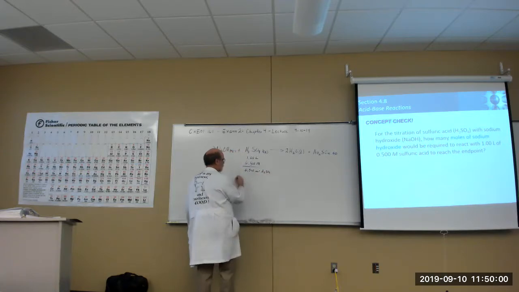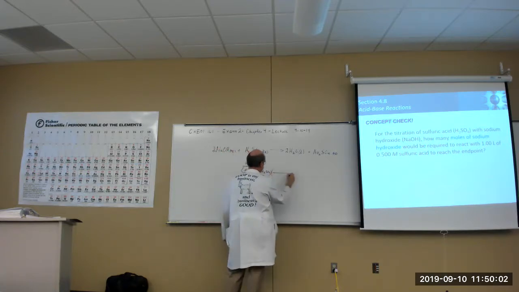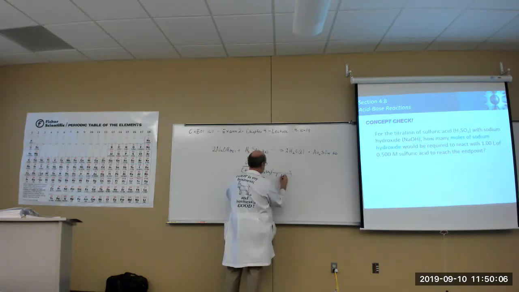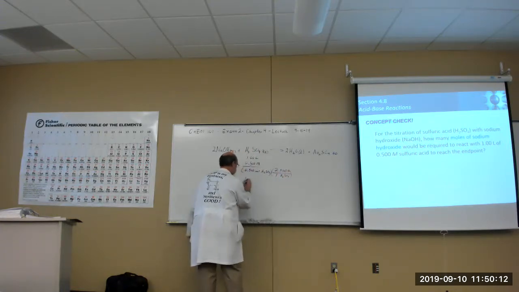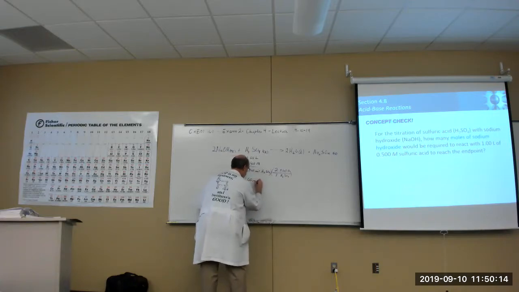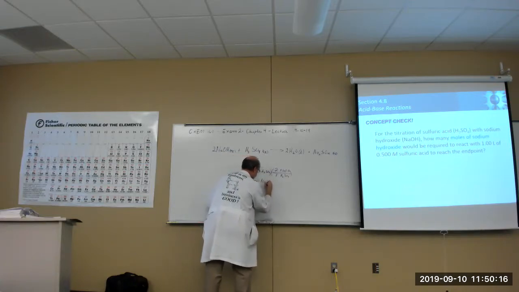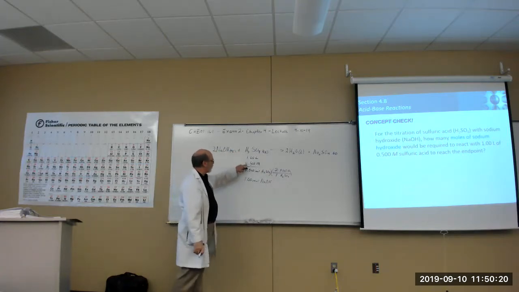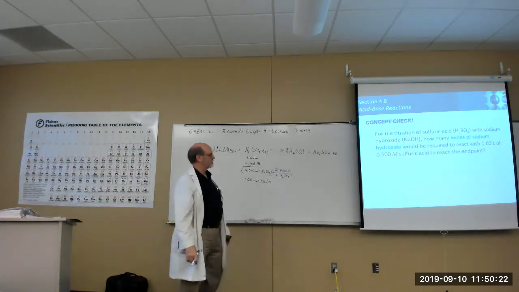So how many moles of sodium hydroxide does that represent? Well, for every 1 of these, you need 2 of these, right? So it takes 1 mole of sodium hydroxide to neutralize a 1/2 mole of sulfuric acid.